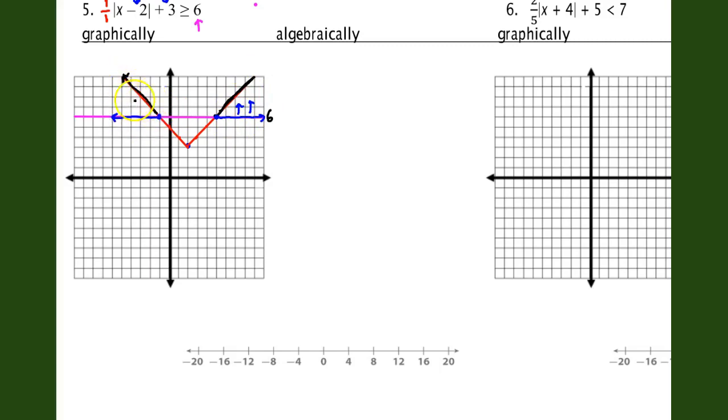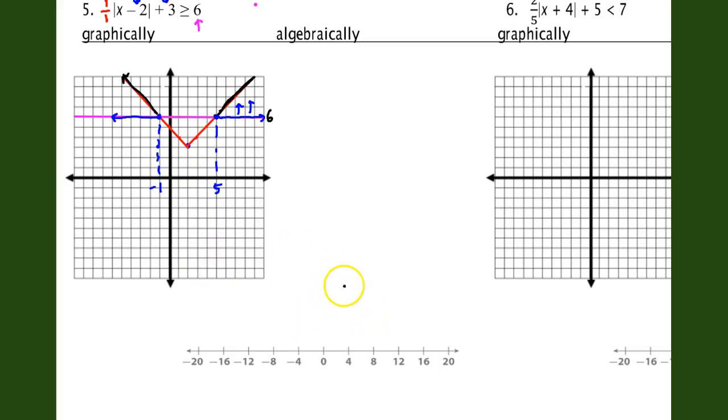This absolute value graph is above the 6th line for all of these x values, starting here, which is at -1, and every x value less than -1 to the left here will be above this value. Same thing over here. This is x is 1, 2, 3, 4, 5. So everything greater than 5, this graph will be above the 6th line.